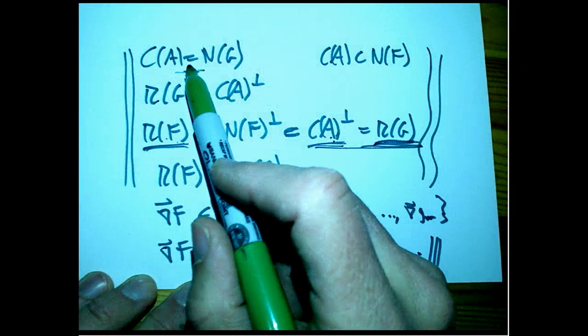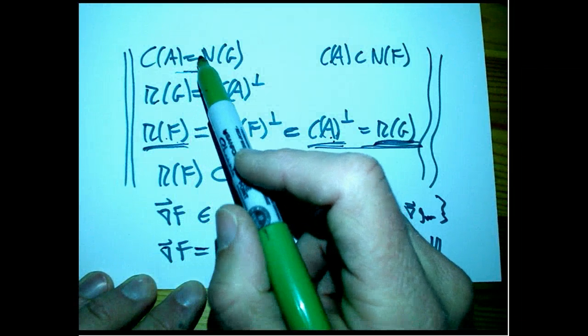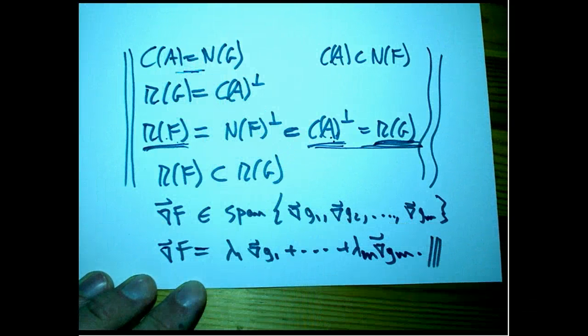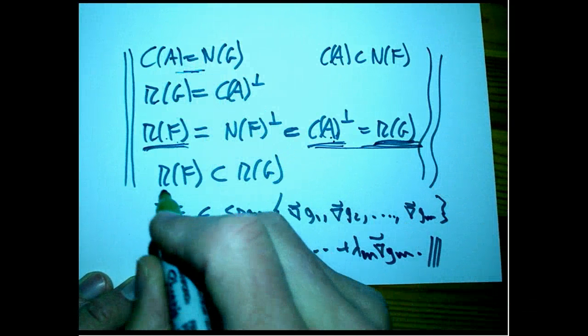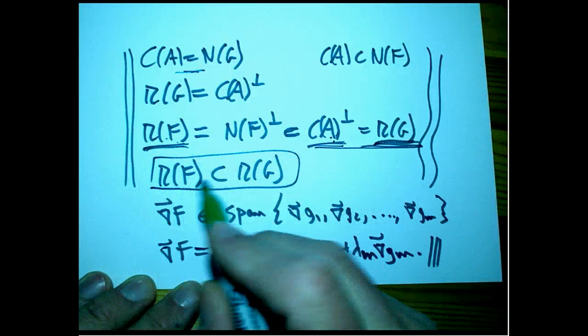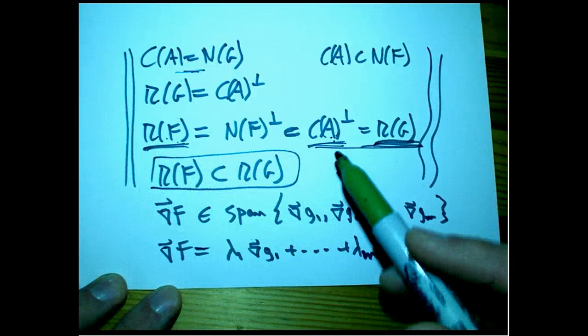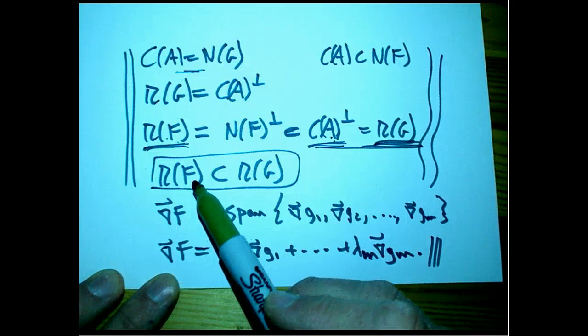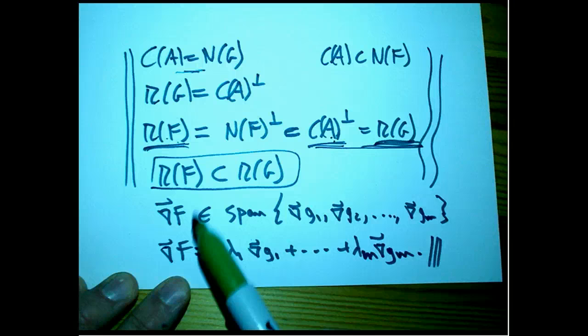And that's really the deepest part of the fundamental theorem of linear algebra, that you get certain equalities, not just one thing inside of another as a subspace. Okay, so the fancy way to say it is the row space of F is inside the row space of G. The more pedestrian way to say it is, look, this is a 1 by n matrix, and the row space is just that guy turned into a column vector. It's just a gradient, in other words.